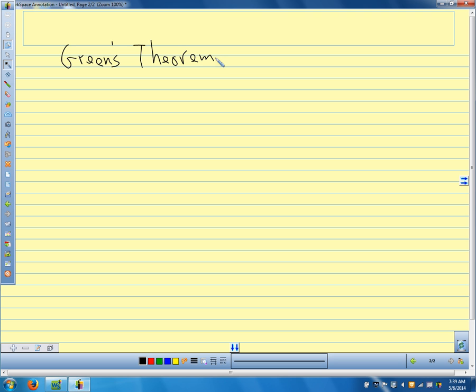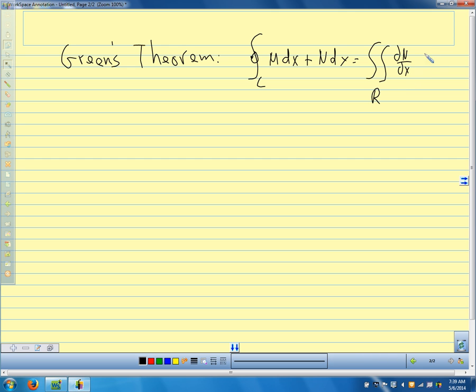As a reminder, Green's theorem says the line integral around a closed curve C of M dx plus N dy is a double integral over the region bounded by the curve of dN/dx minus dM/dy dA.